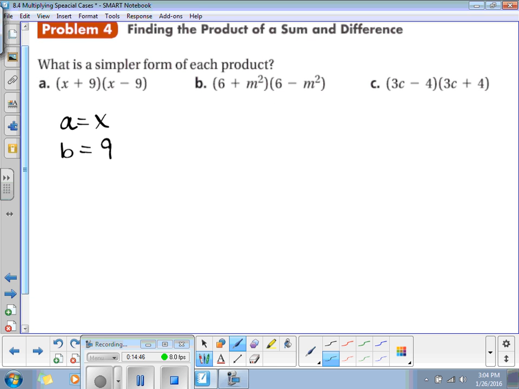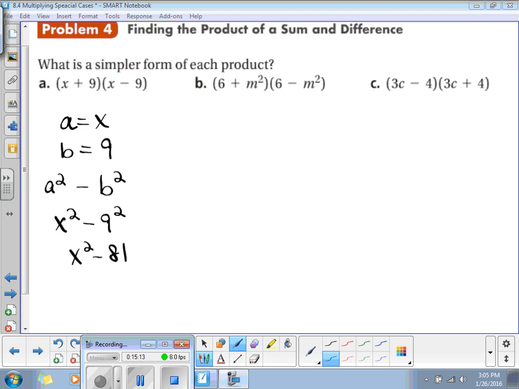Now the formula that we're going to use is A squared minus B squared, because this is the product of a sum and a difference. So we have x squared minus 9 squared, which of course simplifies to x squared minus 81.